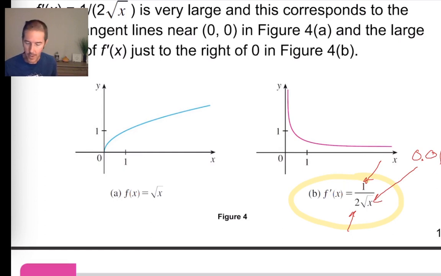So if you look at this graph up here, with an input value of 0.01, we have to go up to a y value of 5.